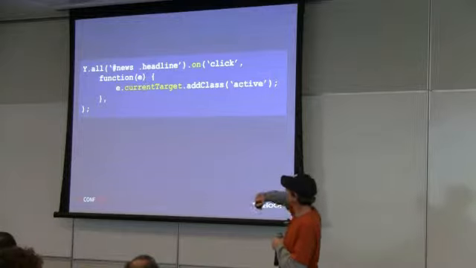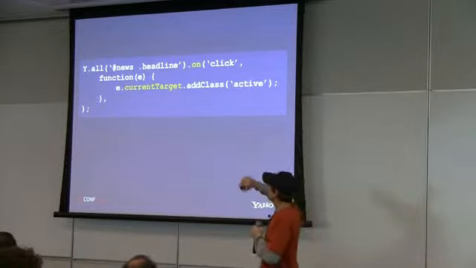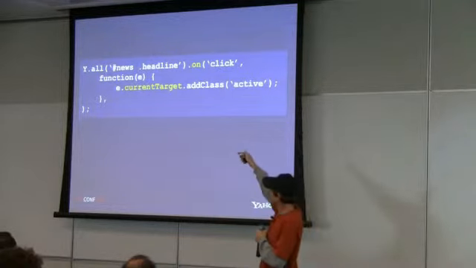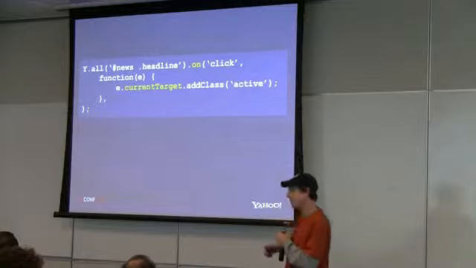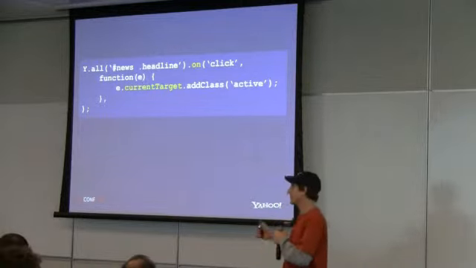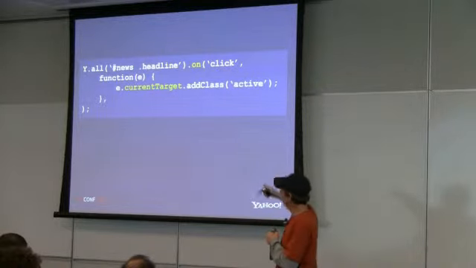That's going to run through all these headlines, add a click listener to each one, and then make sure that the current target actually maps to one of the items that fits the pattern. If you're familiar with event bubbling, the target might be a text node or a node within a headline.